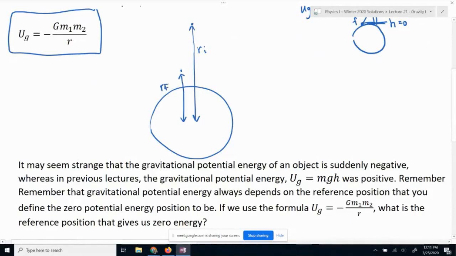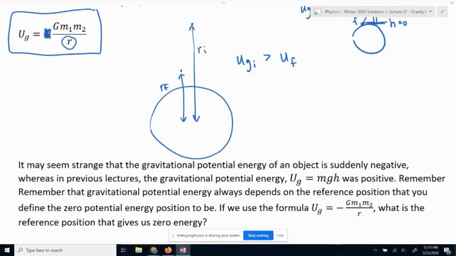So we would still expect that the UG initial should be bigger than the UG final, because initially we're farther away from the surface of the Earth. We have a bigger height, right? So we should have more gravitational potential energy. But when you look at the formula here, as R gets bigger, if we ignored this minus sign altogether, what would happen to UG?